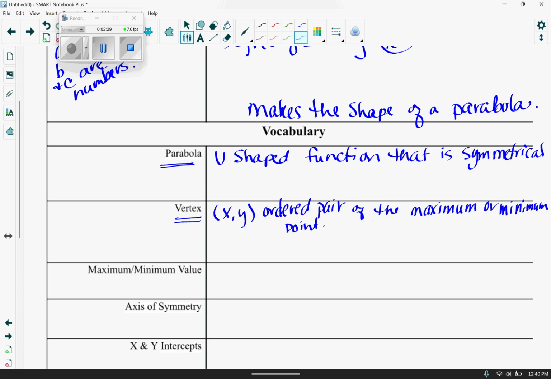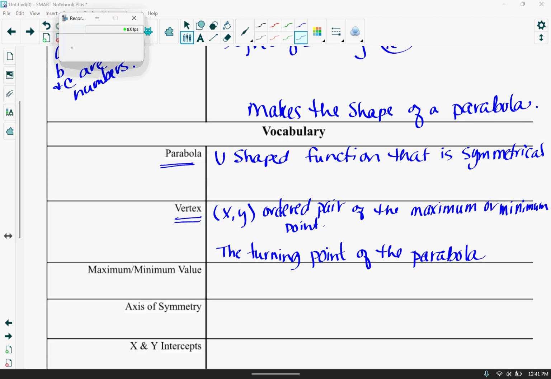It's also the turning point of the parabola. I will tell you that the vertex itself, to find the x value of the vertex, it's the opposite of the b value over 2 times the a value.